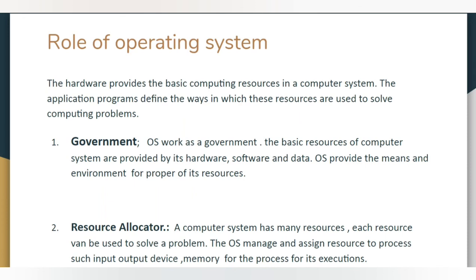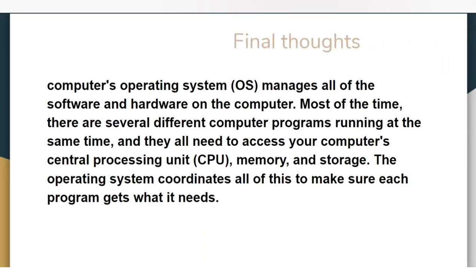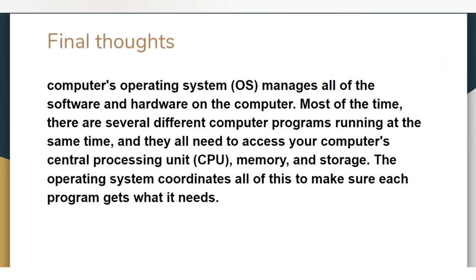So the final thoughts: the computer's operating system manages all of the software and hardware on the computer. Most of the time there are several different computer programs running at the same time, and all need to access the computer's central processing unit, CPU, memory and storage.